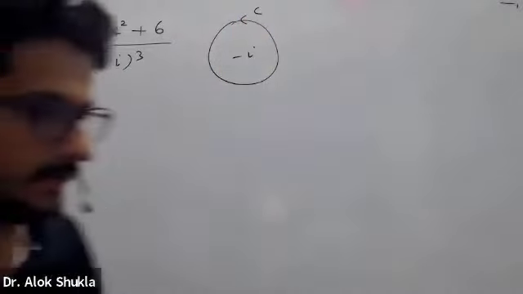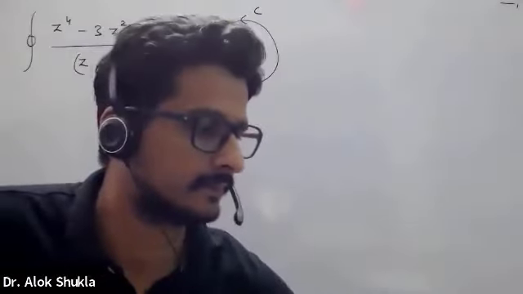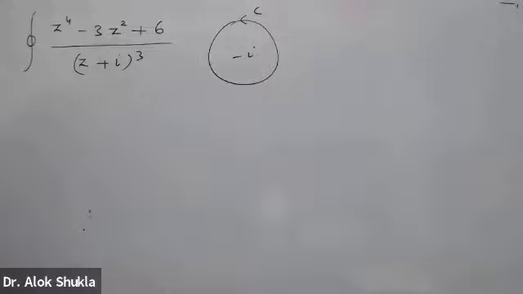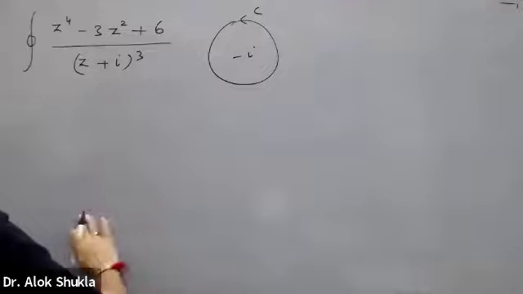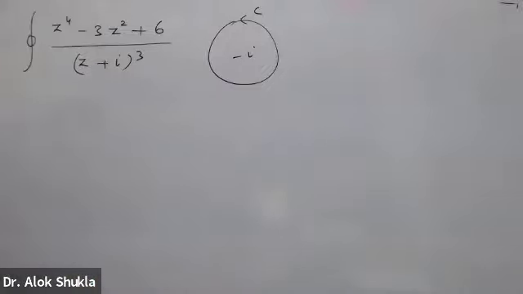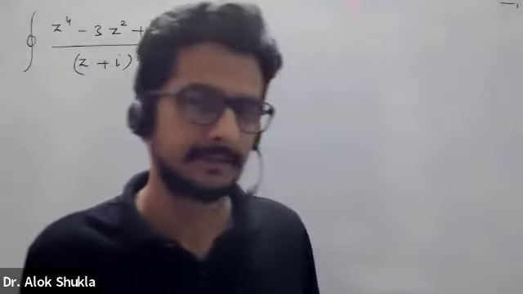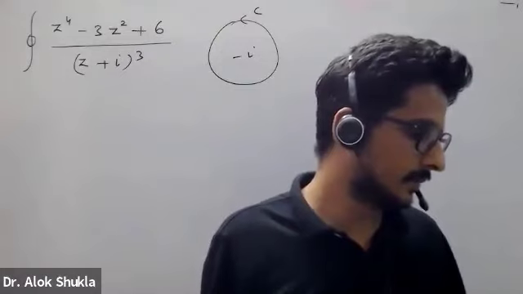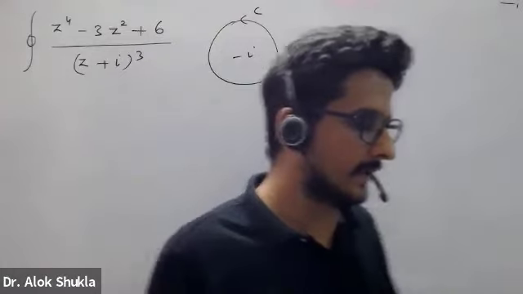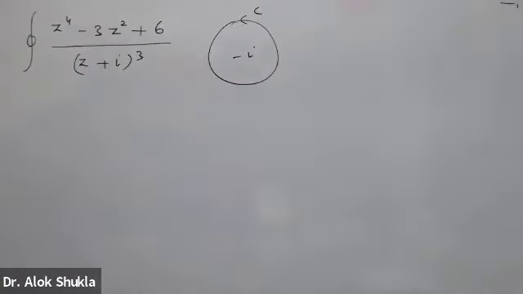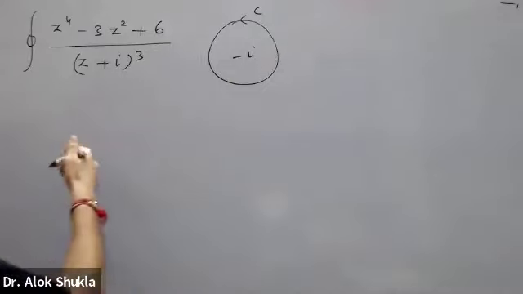Okay. This is a question. So you can see that z is equal to minus iota is a pole. Okay, and what type of pole is that? So that means we will have to apply the formula for nth order pole. So let us do that.